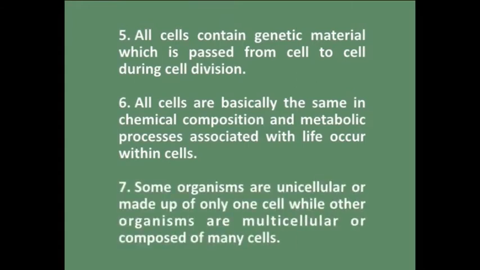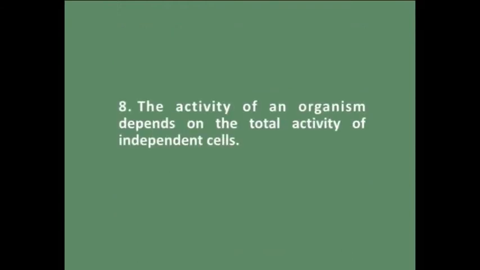The next is some organisms are unicellular or made of only one cell, while other organisms are multicellular or composed of many cells. Next, the activity of an organism depends on the total activity of independent cells.